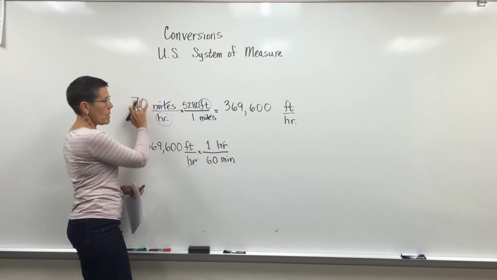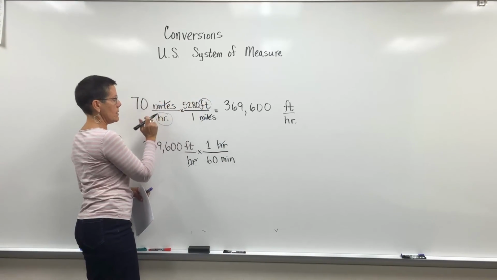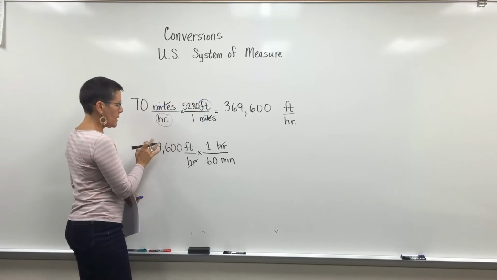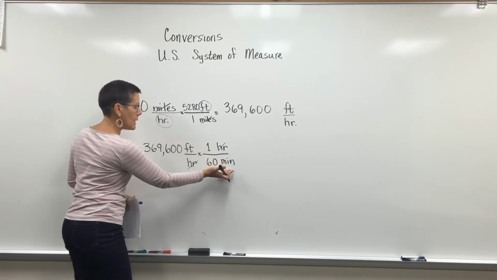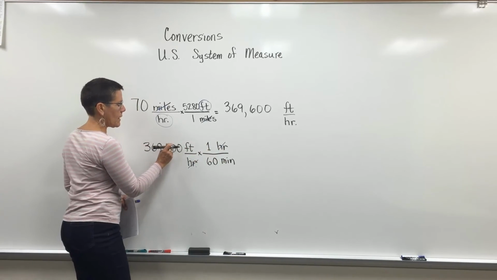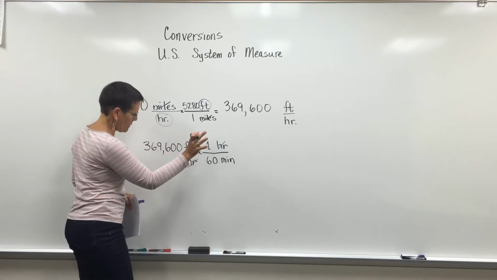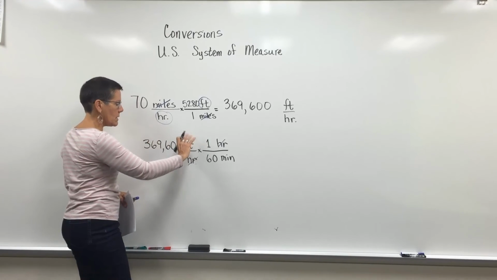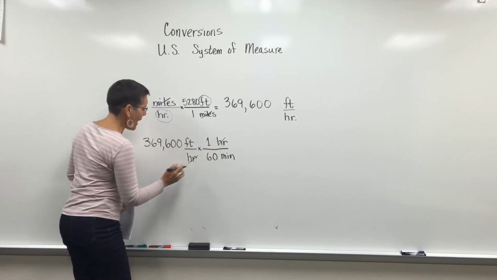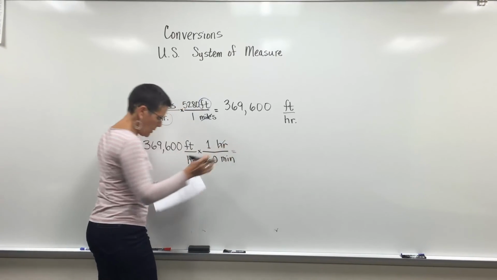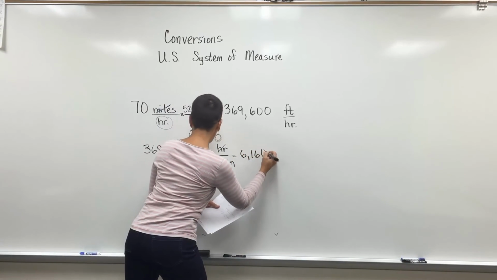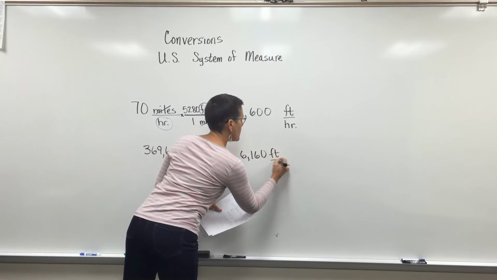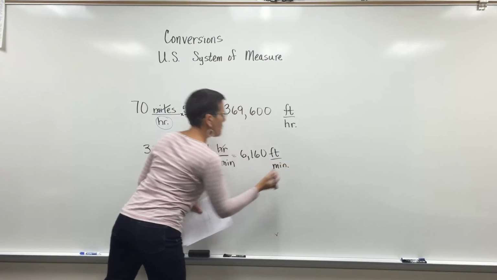Up here I multiplied to get this in feet per hour. Here, to get rid of the hours and get this in feet per minute, I take 369,600 times 1, which is just 369,600, and divide by 60. When you do that, you get 6,160 feet per minute.